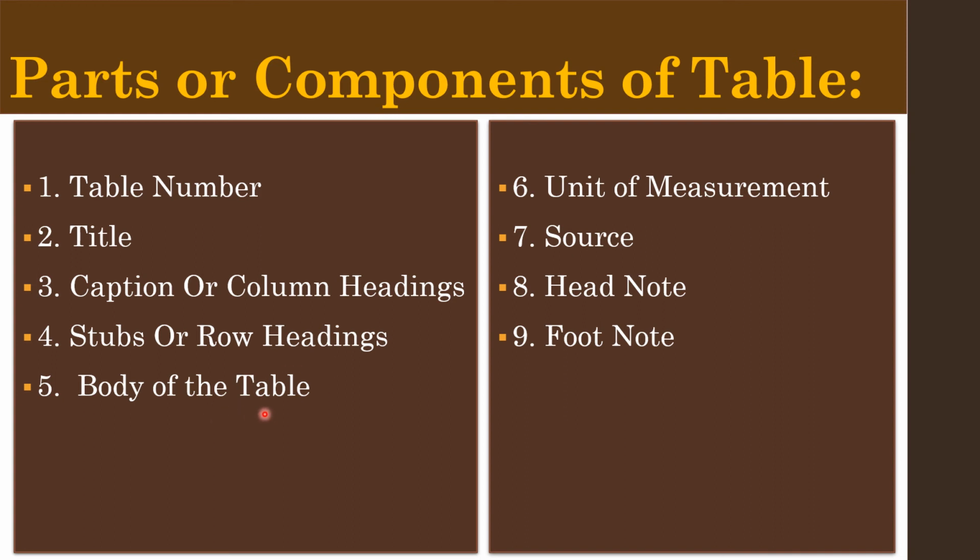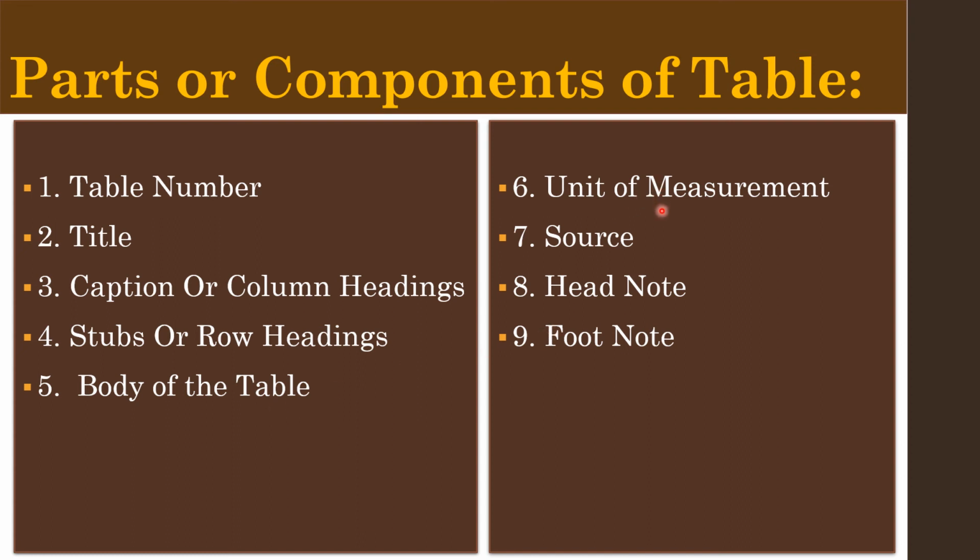Coming to the body of the table, as it is the most important part of the table, it shows the sum total of the items in the table. And also remember that each item in the body is called a cell, C-E-L-L, cell.